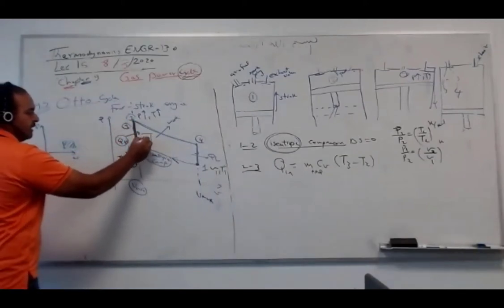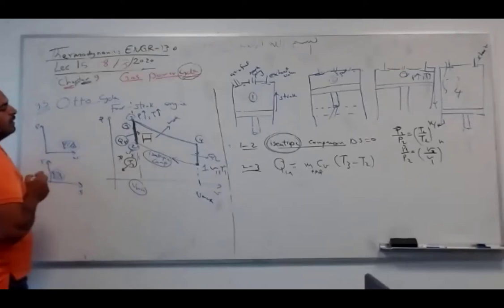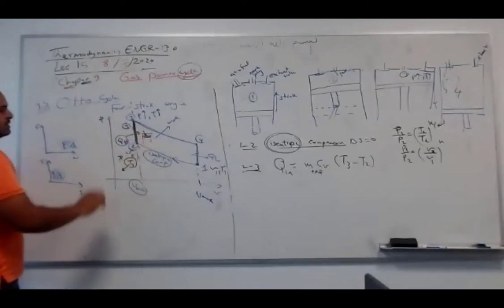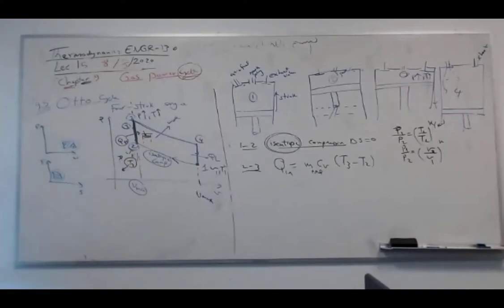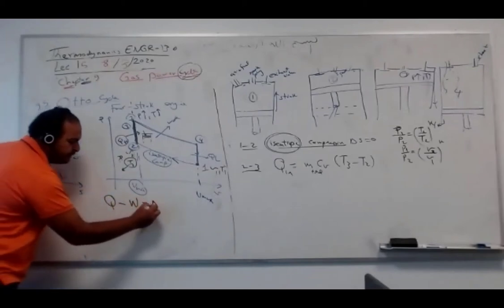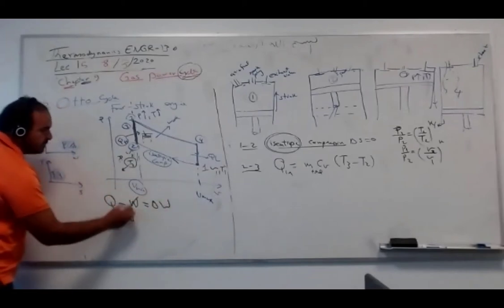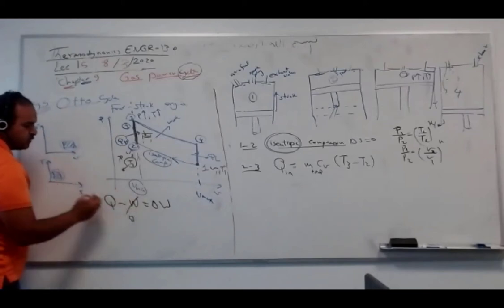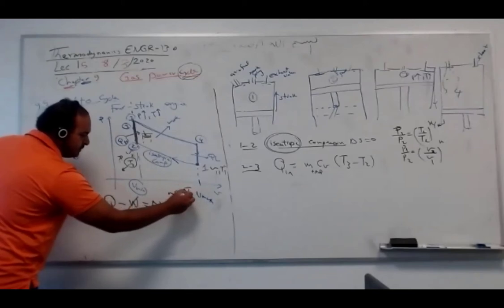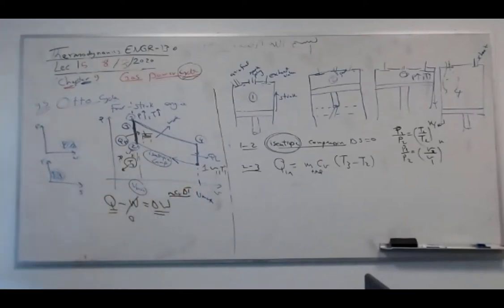This is cylinder, and I'm still the same thing, but I'm adding heat at constant volume. So CV delta T. It was originally Q minus W equals delta U. But because closed system, there is no work, so Q equals delta U, which is m CV delta T. Okay, guys? It was originally first law of thermodynamics for closed system.